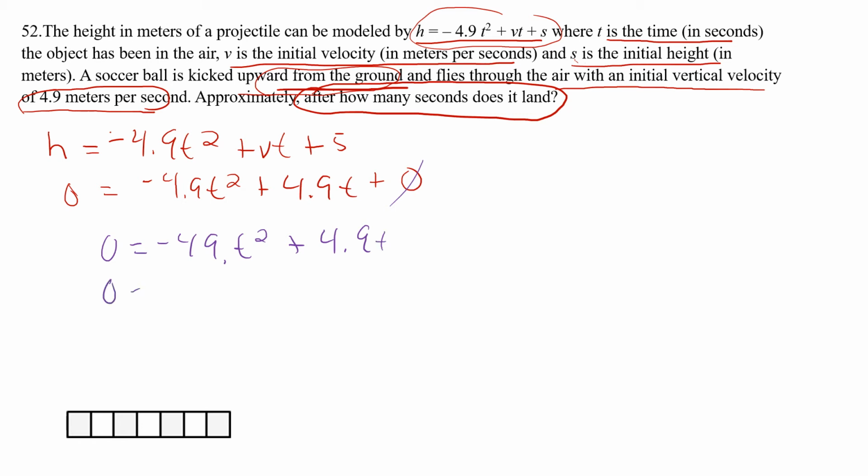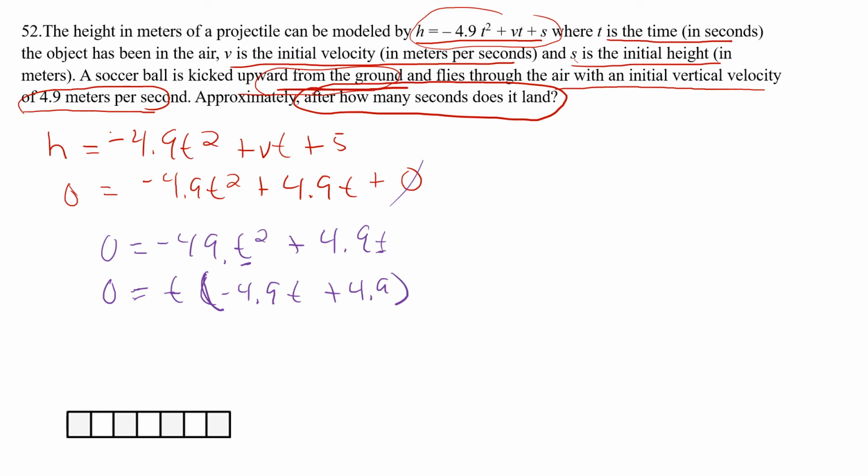If I factor out a t, I'm left with negative 4.9t plus 4.9 on the inside, because I took away one of these t's and this t here. So now I could just set each one of these terms and this binomial equal to 0. So here I'm using the zero product property. Same as just solving using greatest common factor, I just have decimals.